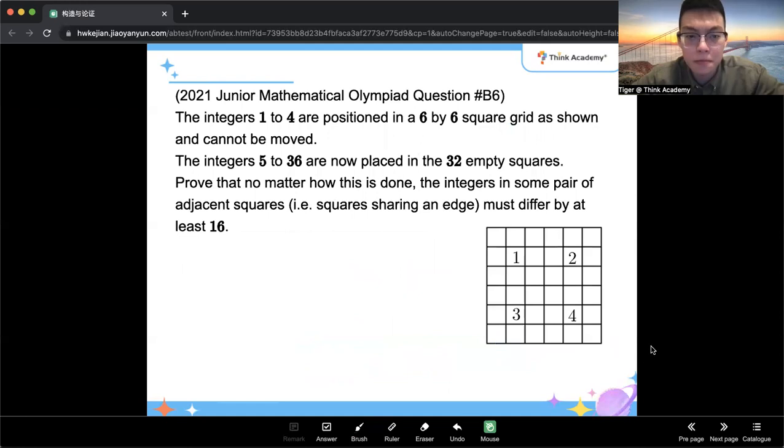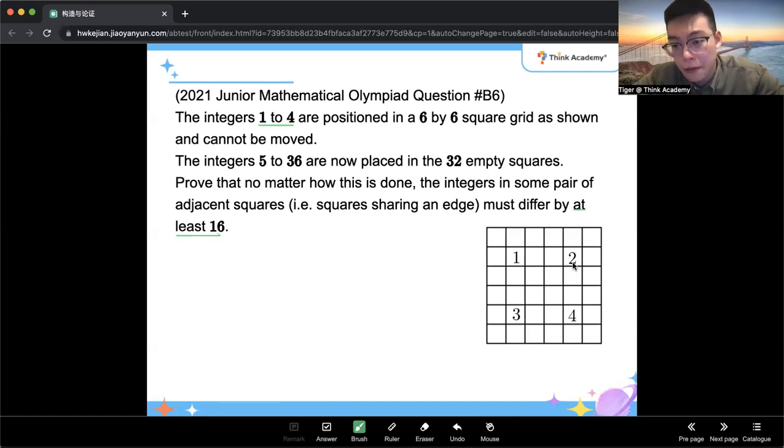Okay. And this is a similar question in 2021. This is pretty easy. It says the integers 1 to 4 are positioned in a 6 by 6 square grid, and they cannot be moved. Now I'm filling in all the other integers into the empty squares. Prove that no matter how this is done, the integer in some pair of the adjacent squares must differ by at least 16.